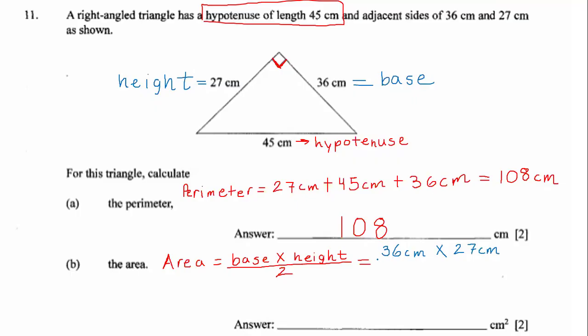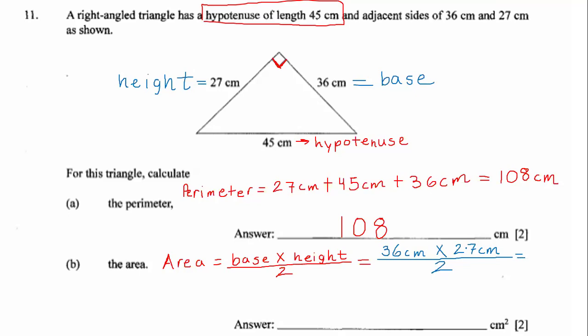All divided by 2. Very good. These are some big numbers, so I hope you all multiplied them properly. 36 multiplied by 27. What do I get for that?